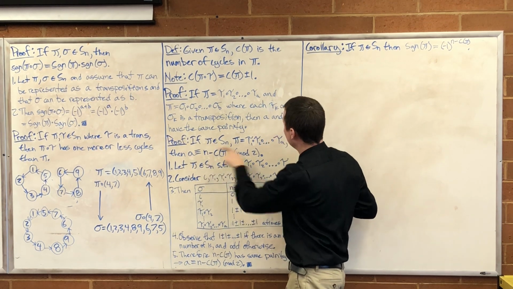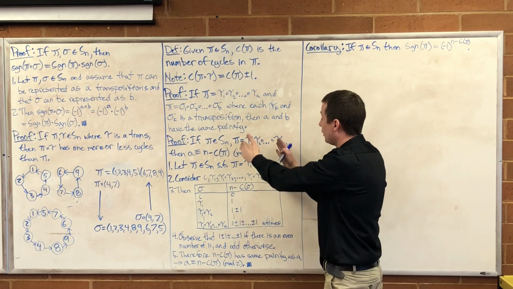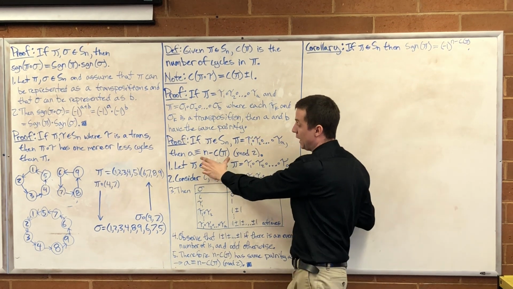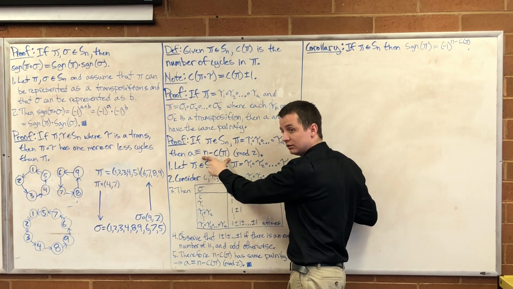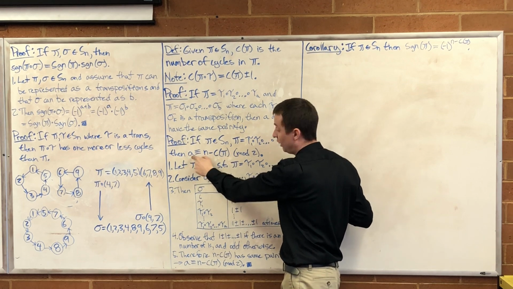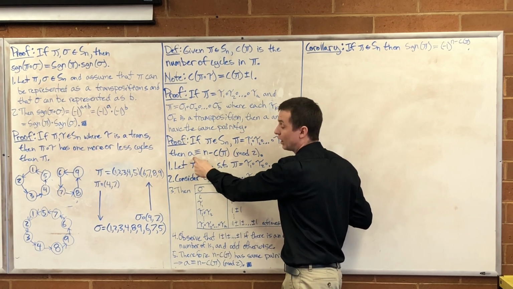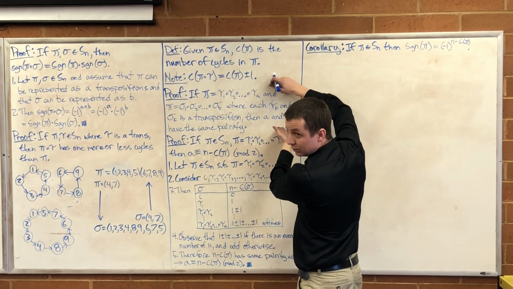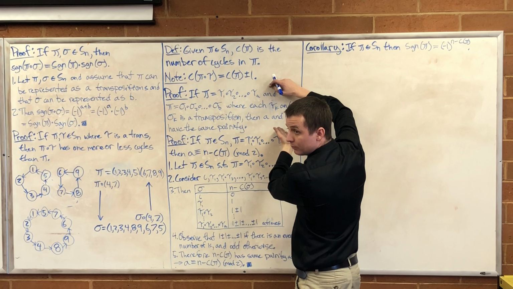So for any number of transpositions you can use to represent pi, it has to have the same parity as this constant. So if this constant is odd, A is always going to be odd. If this constant is even, A is always going to be even. So in other words, if we prove this, then we've proven this. Okay. Why?